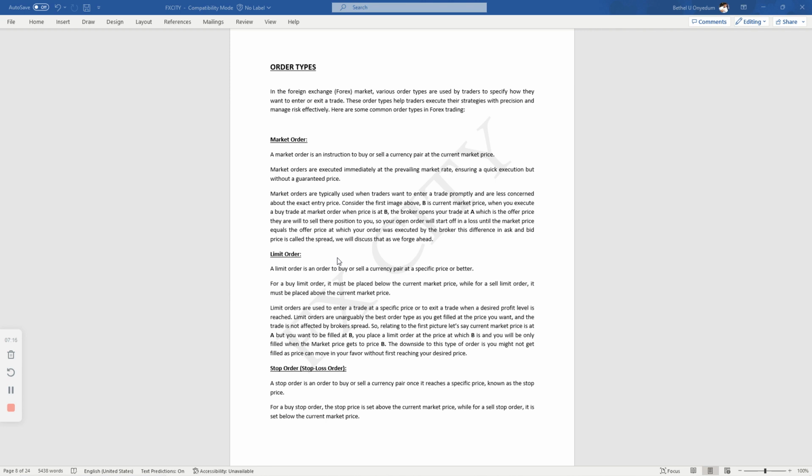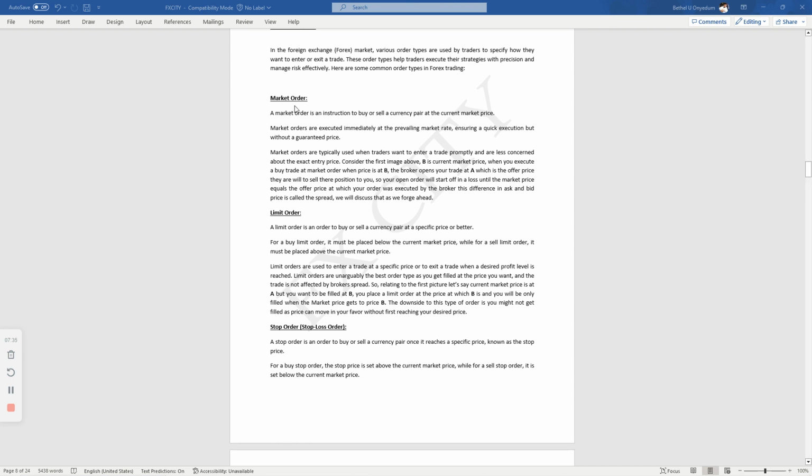So the order type is where you decide if you want to accept the price the market is offering or you want to get a better price. Moving on, you get the market order.